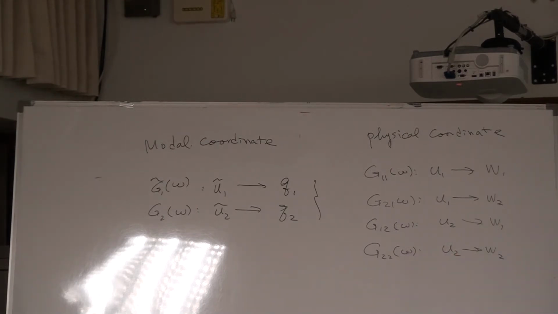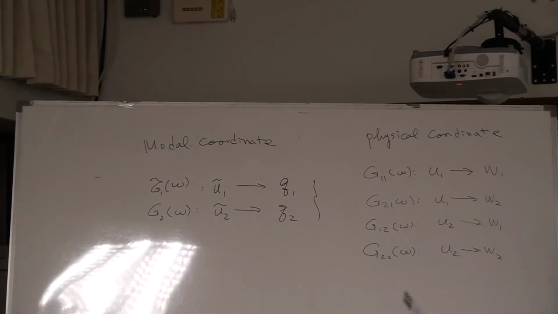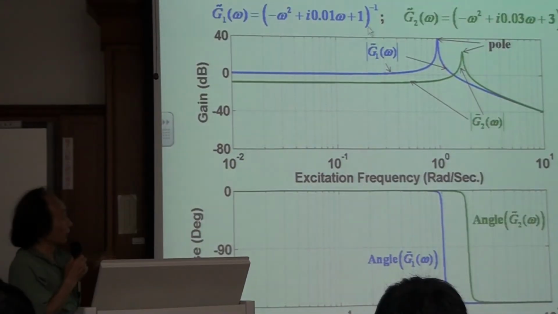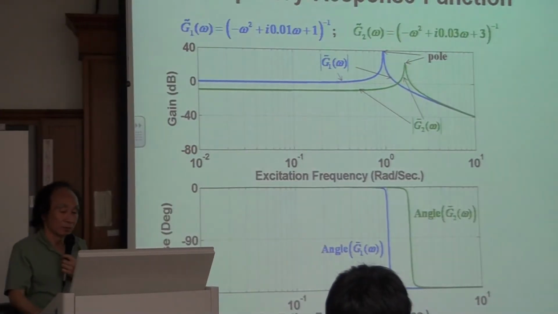Now the question is, we have these two frequency response functions in motor coordinate. Can we go back to solve our physical coordinate? And the answer is of course yes. But the frequency response function in the motor coordinate is a much simpler form and much easier to see.